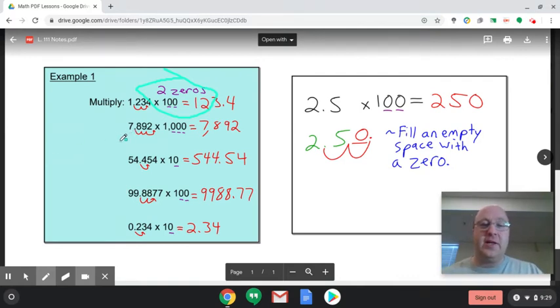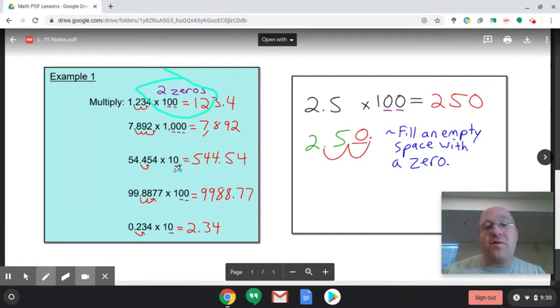Same thing here. We have 7 and 892 thousandths times 1,000. We have three zeros there, so that means we're moving the decimal spot three places over, and we end up with 7,892. Again, just keep it simple. Now, this does not work, like in this case, if we're multiplying this times 10.